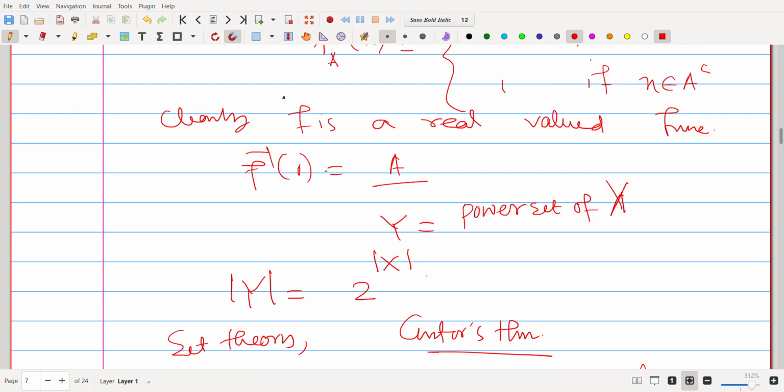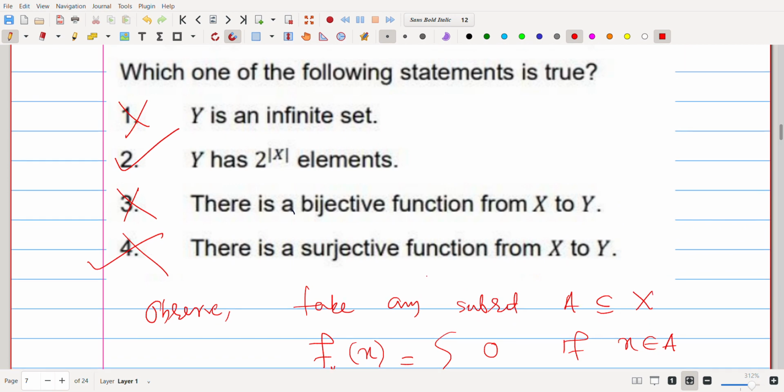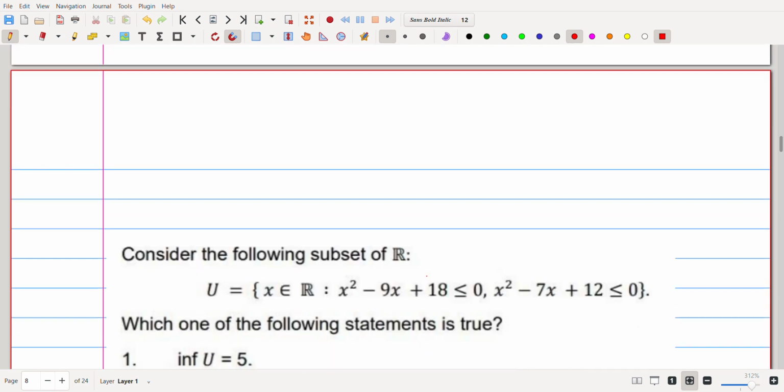That means there doesn't exist a surjective function from X to Y, because Y is actually the power set of X. So this option is false. And there is a bijective function, that is also false, because there is no surjective map itself, so there is no point of having a bijection. So only the second one is correct.